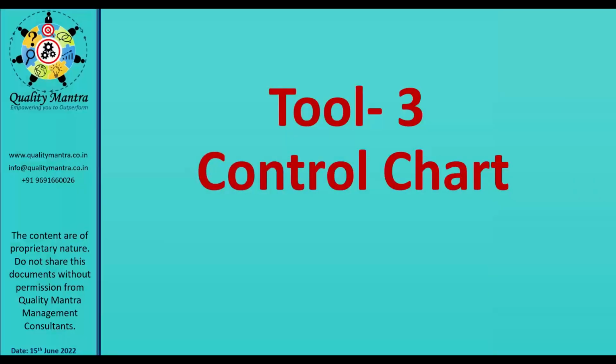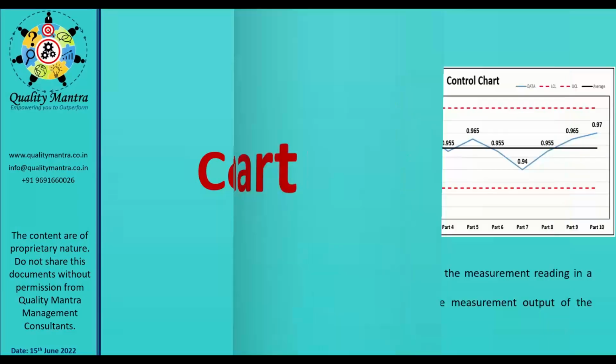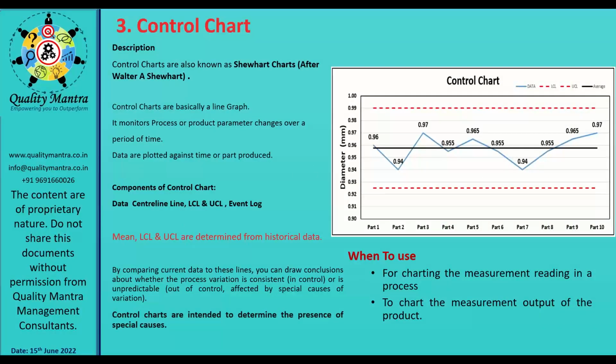Then tool number 3 we have seen yesterday, control chart. Control chart is a very classic tool to monitor the present progress of the process or the product parameters. You can analyze the various trends of the control chart and take the action.